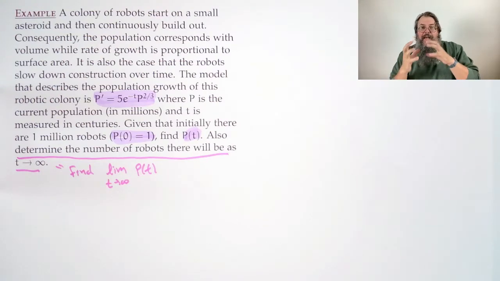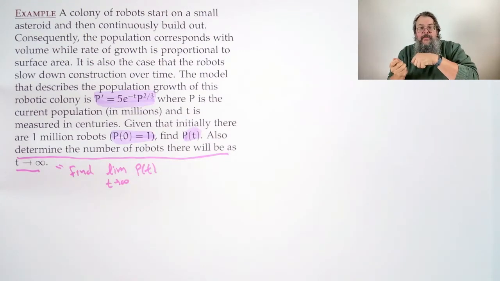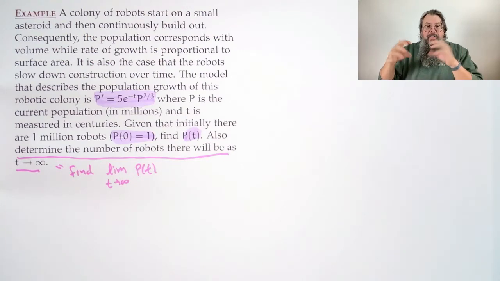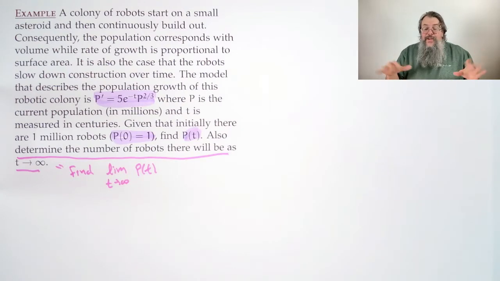So if you ask how volume and surface area relate, you take the cube root of volume and then you square it, and you'll get r squared. And so that's why there's the P to the 2/3. Now, we don't need to know that to solve it, but that's sort of the justification for why it's there. And it's nice to know why things are there.